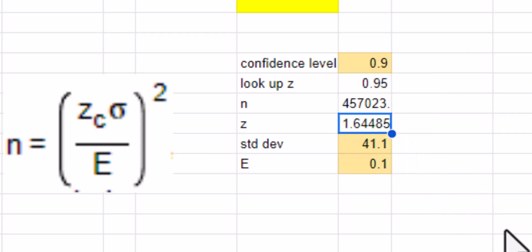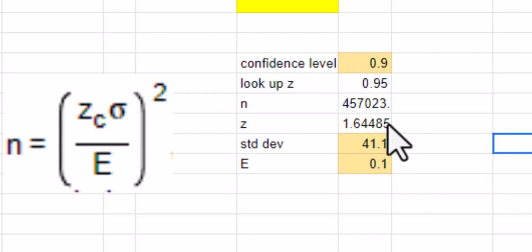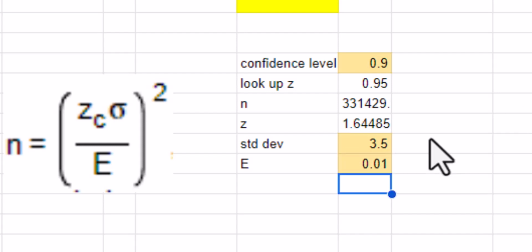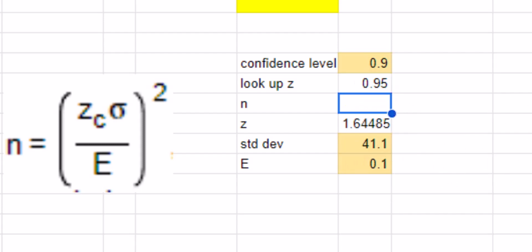That's kind of cool, because now I have created a sample size formula that I can use in my Google Sheets when these values change. If I have a different problem and my standard deviation is 3.5 and this is 0.01 and maybe this was 0.99, all of these change for me. I'm going to put that one back in there. Now I have my own formula built.